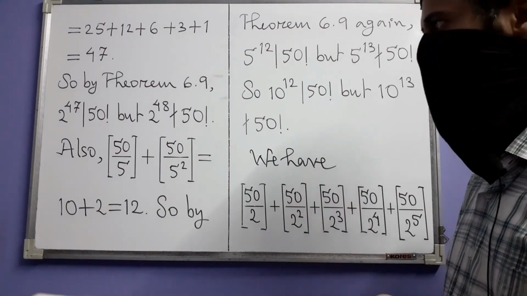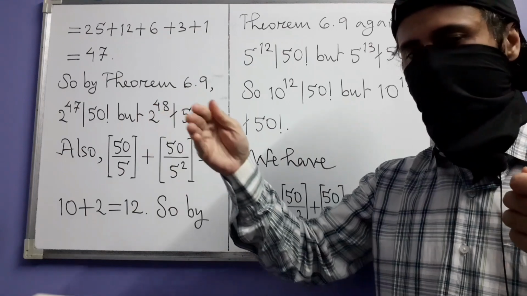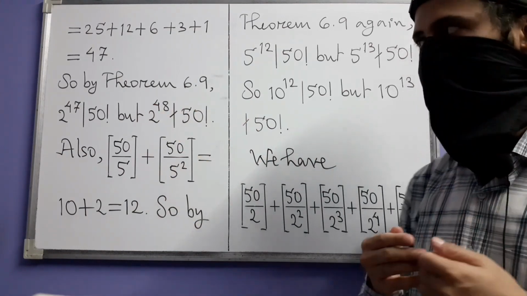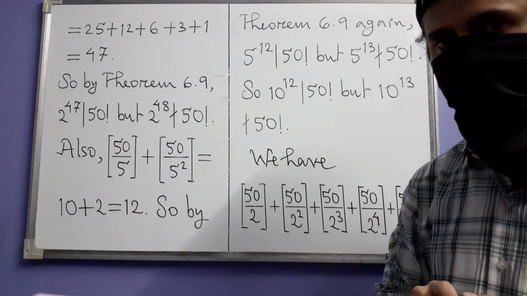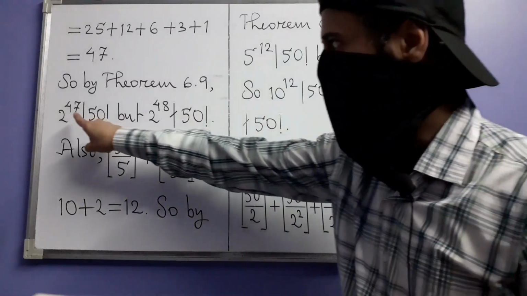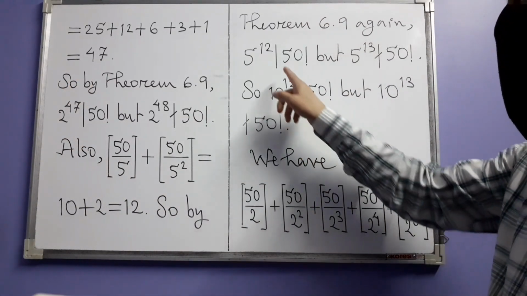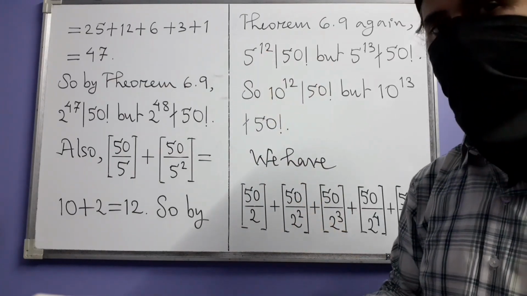To put things simply, if you expand 50 factorial as the product of all the positive integers from 1 through 50, and then you see how many 2's there are, if you really do full factorization of everything, you will get 47 2's. Similarly, in that same factorization, you will get only 12 5's.